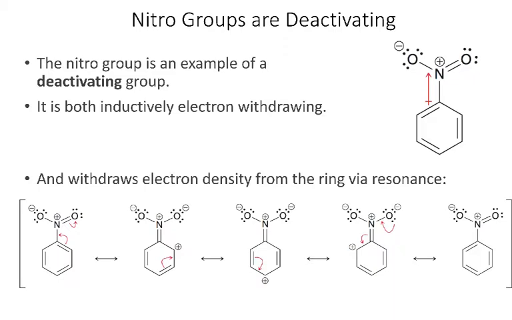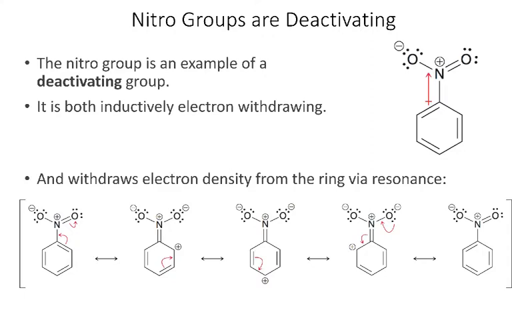It makes the electrophilic aromatic substitution reactions slower. Now, the reason the nitro group is deactivating is partly because it's electron withdrawing. Right? We have all these highly electronegative atoms, and so they're going to pull electron density away from the ring. And so it's going to be deactivating by induction effects.